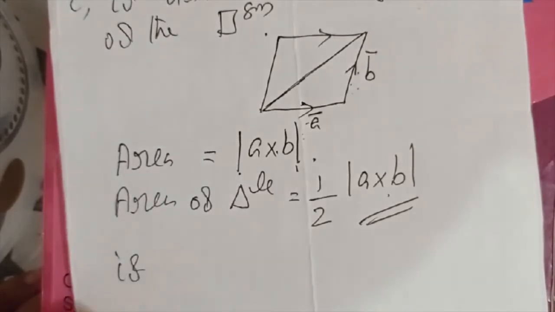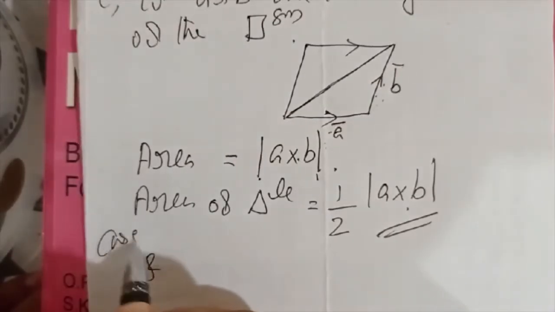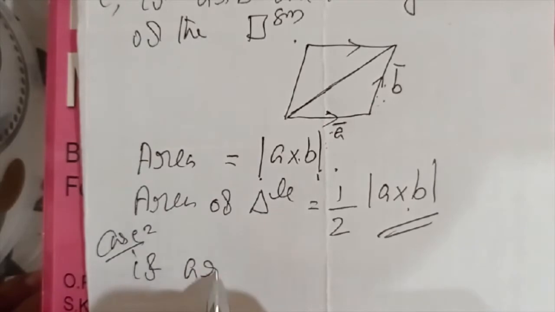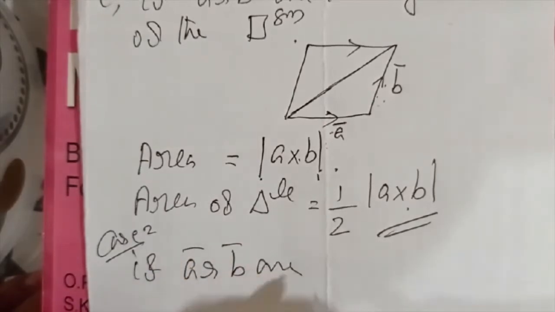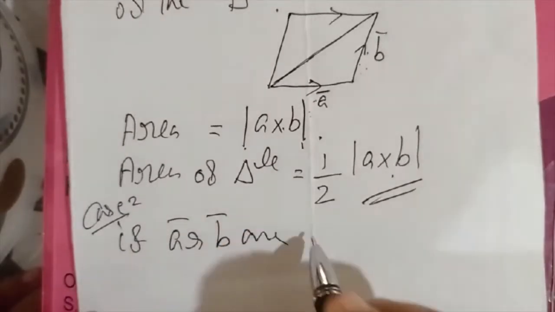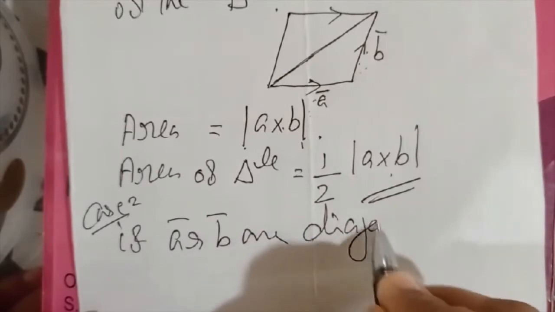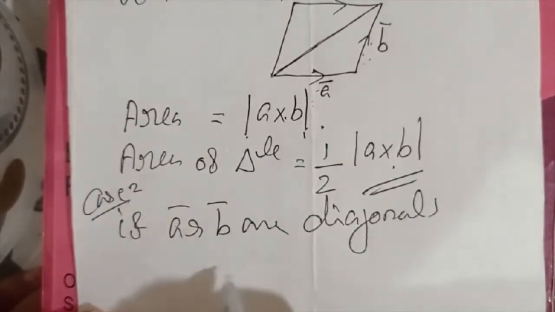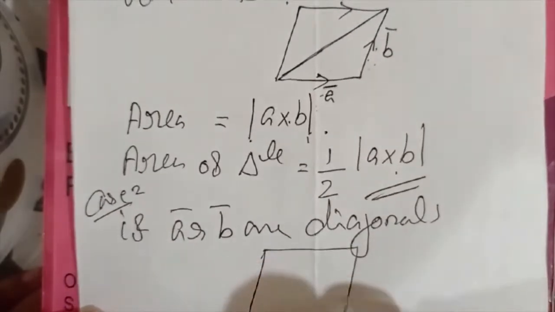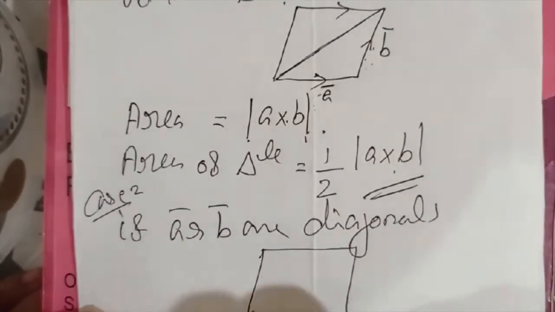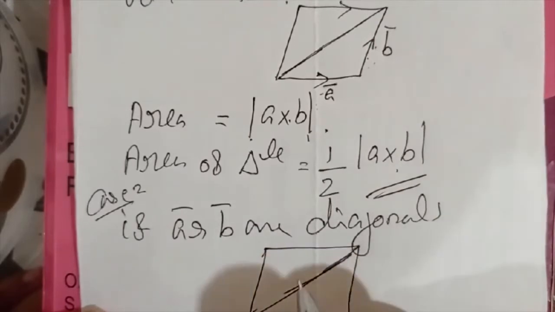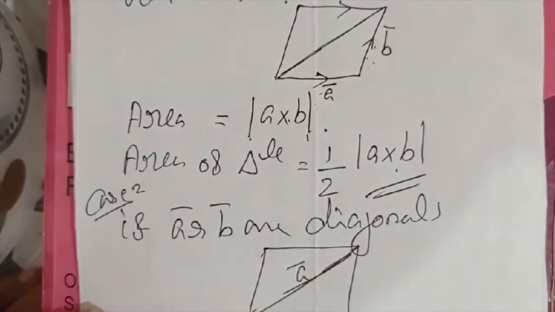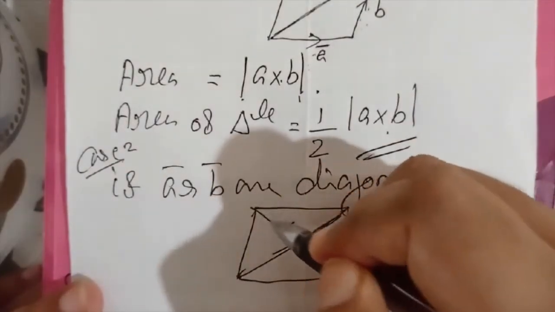Case 2. If A and B are the diagonals of a parallelogram. Look here, this is a parallelogram. This is one diagonal, that is A. And the second diagonal is in this way.